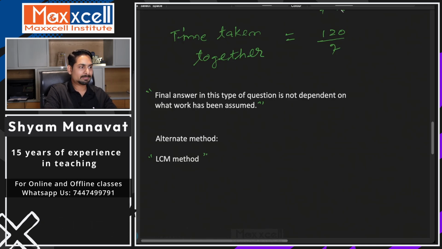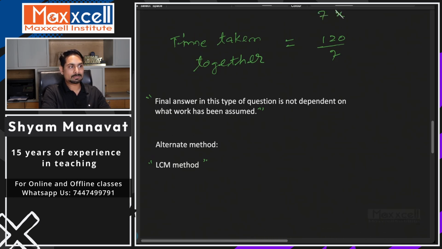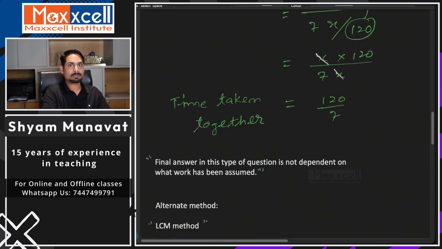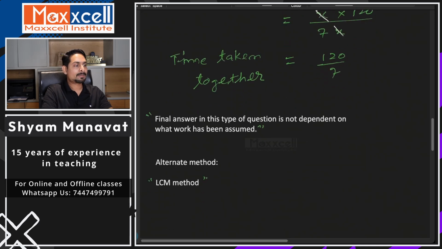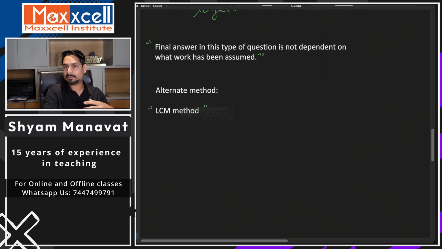Okay, what is LCM method? As we understood that we can assume anything as work here, the final answer will not change, right? So to make it easy, why do we have an alternate method? To make solutions easy, shortcut. So you can call this a shortcut.